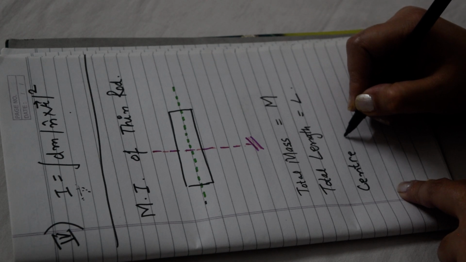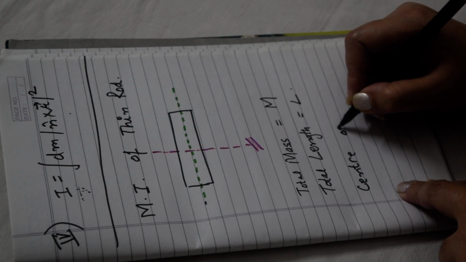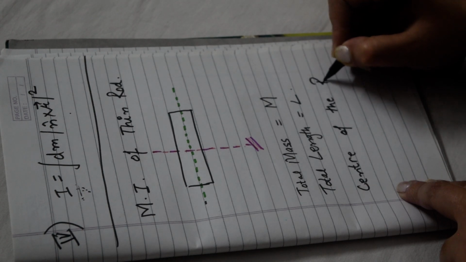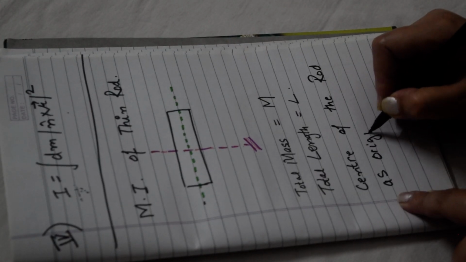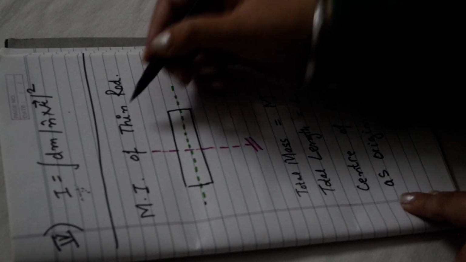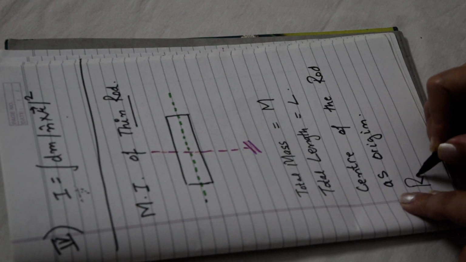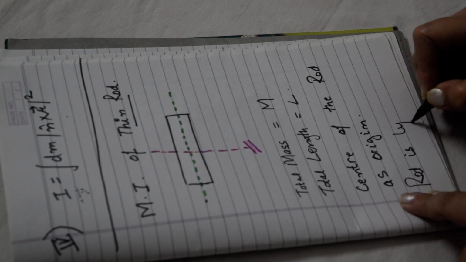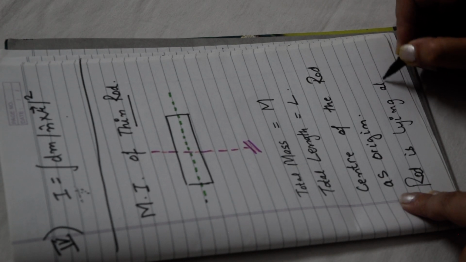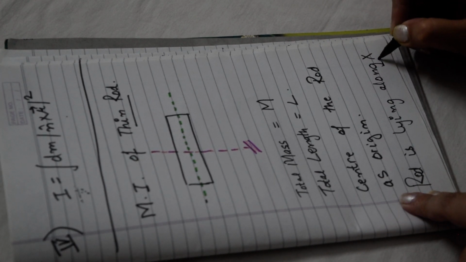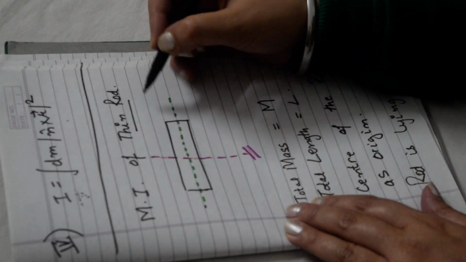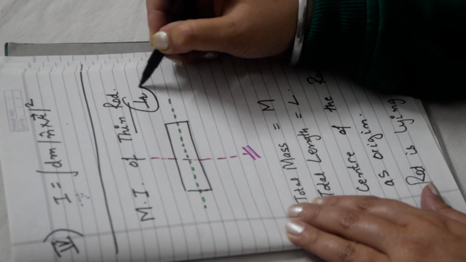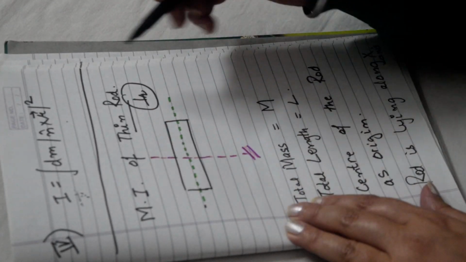So I choose the center of the rod as origin. Because the rod is thin, I consider that the rod is lying along the x-axis. And remember, I have to find the moment of inertia about an axis passing through the center but perpendicular to the axis of the rod.